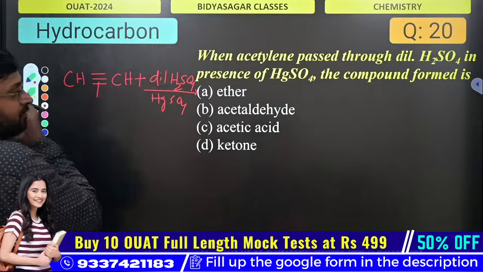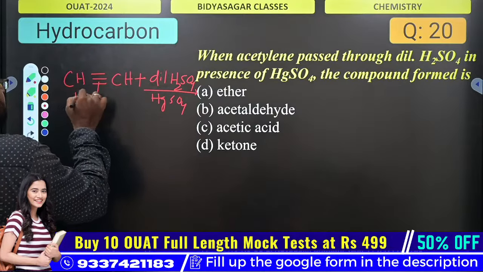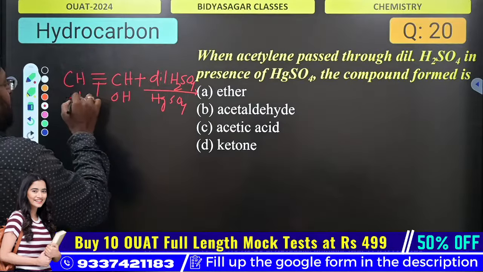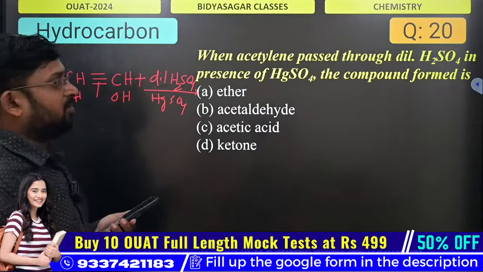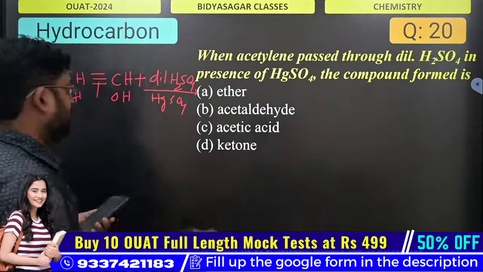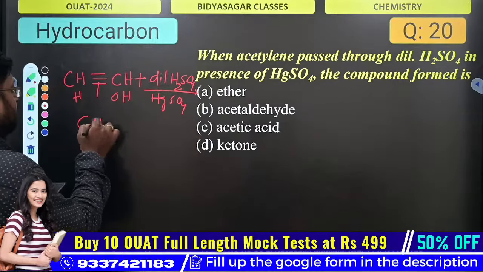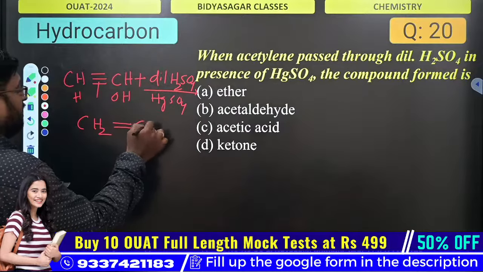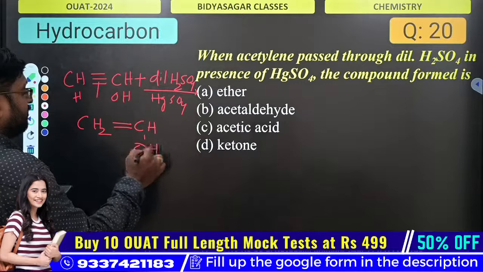In this case, only one molecule of water is added to the triple bonded compound and it will give you the corresponding enol, CH2 double bond CHOH.